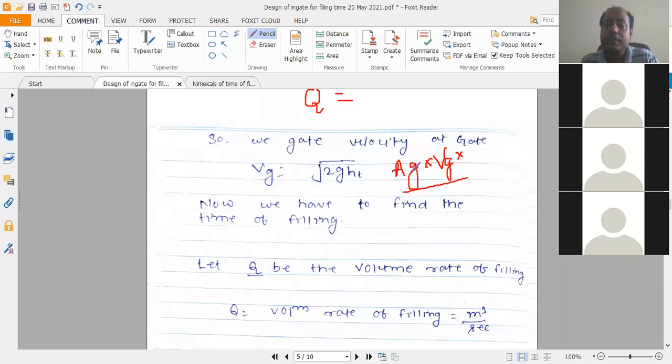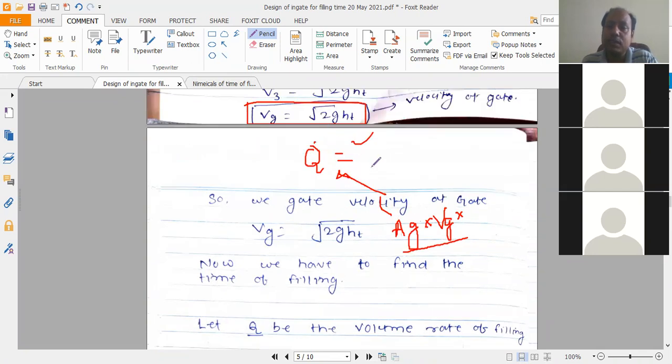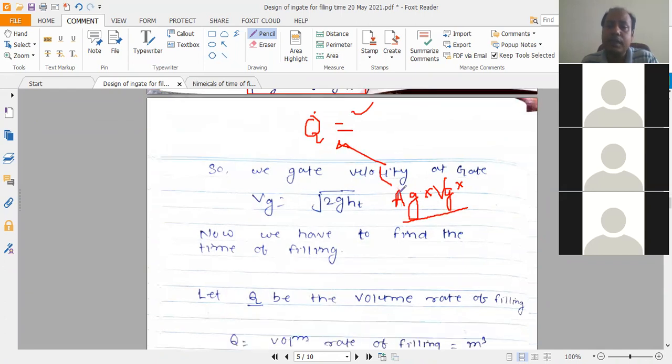In units, the area is meter square and velocity is meter per second, so it is meter cube per second, which is nothing but the volume flow rate. It is called Q dot because it is with respect to time.